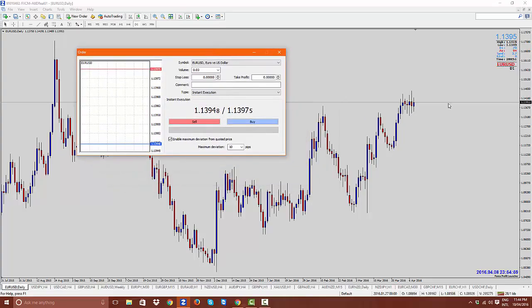For example, if I place a trade right now, for a sell, this is the price that I will be getting, 1.13948. But at this moment the price is 953, right? So whenever you start a forex trade, it will always and always start in the negative.